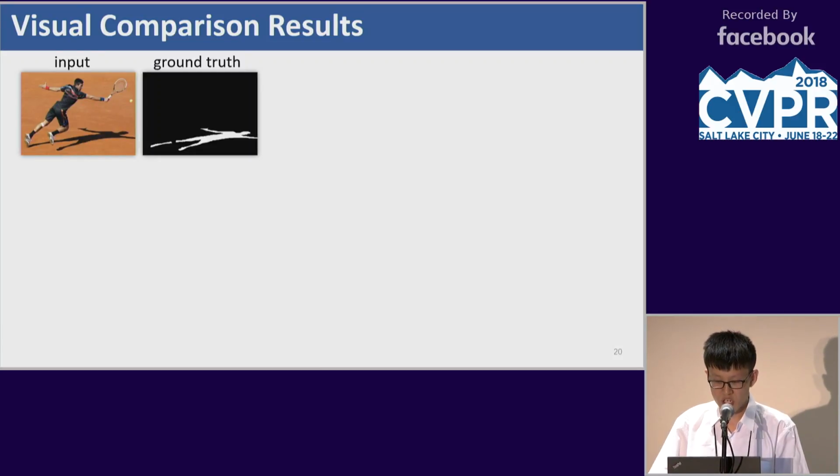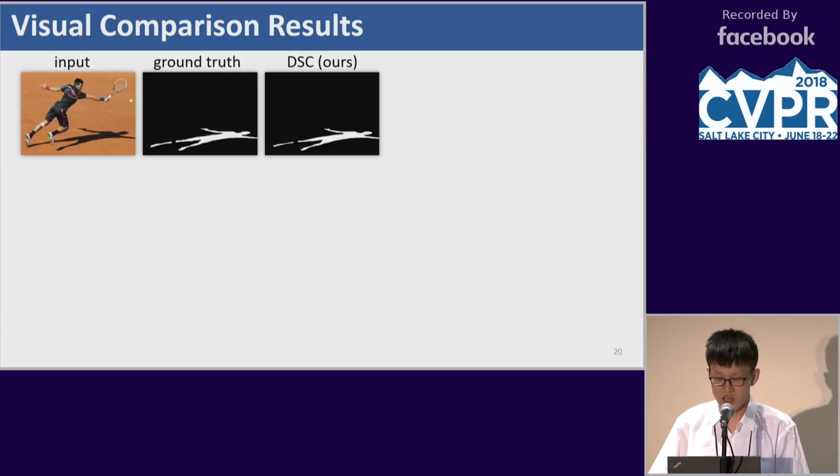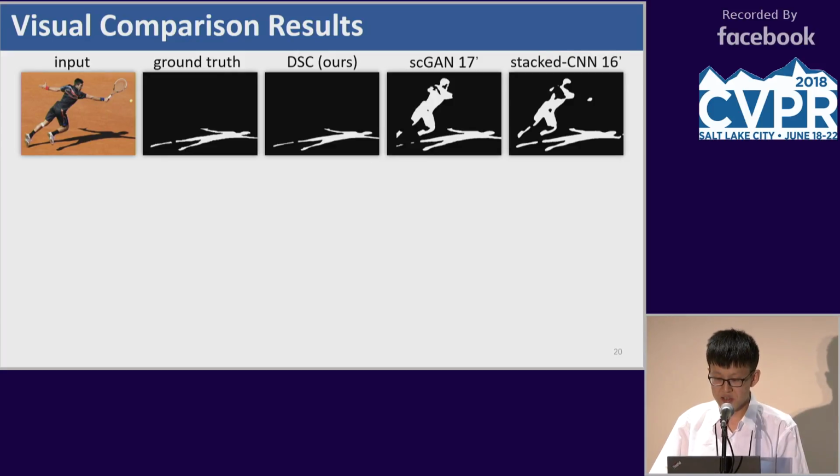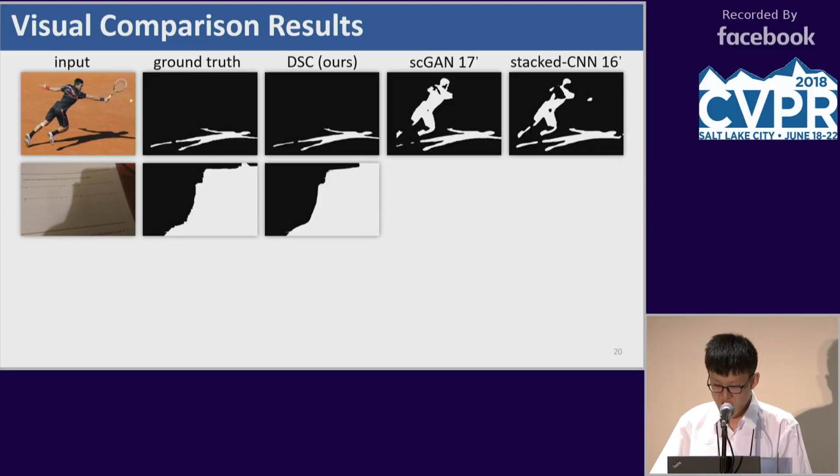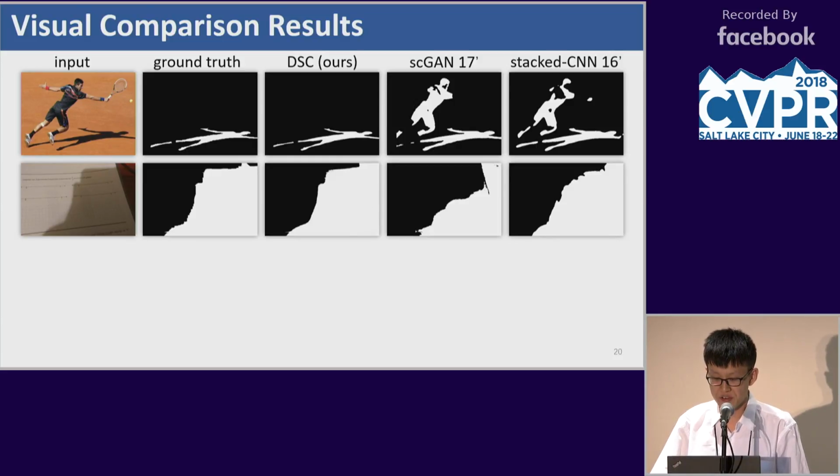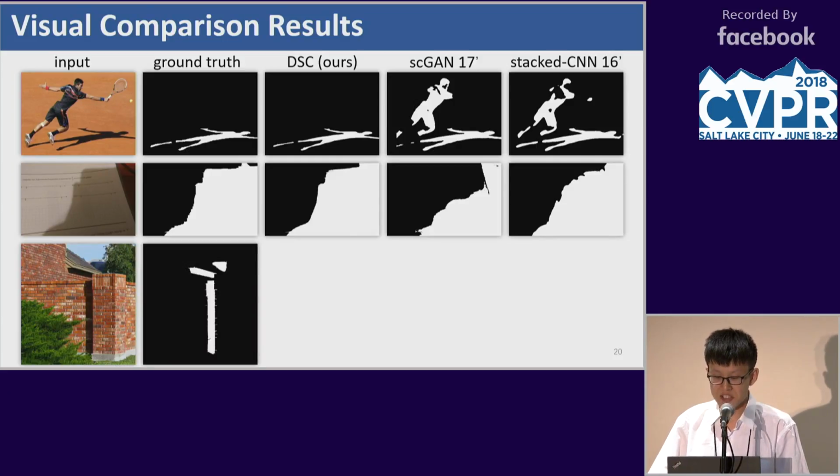Input image, ground truth, our results. The results of other methods. We can see that our method can recognize the black object as non-shadow. And our method can effectively detect the shadows across the background of different colors, but others may fail. Here is another comparison.